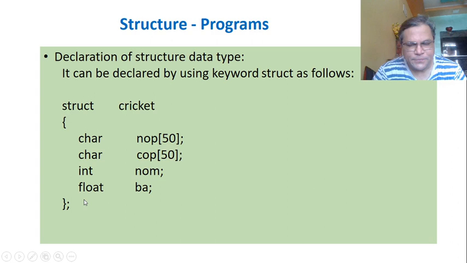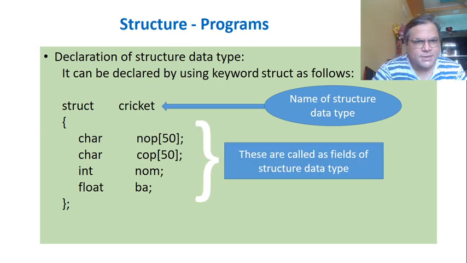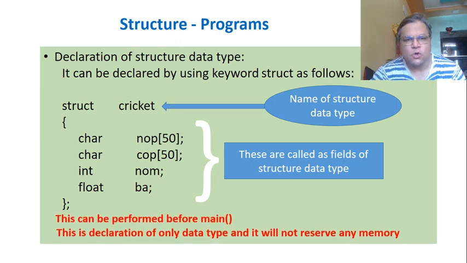We know cricket is name of a structure data type, and these 4 variables which are declared inside structure cricket are called fields of a structure data type. We also know this is required to be performed before the main function, and this will not reserve any memory.